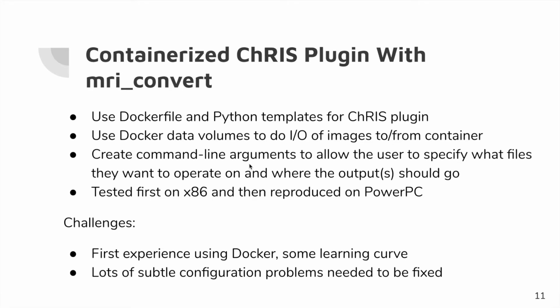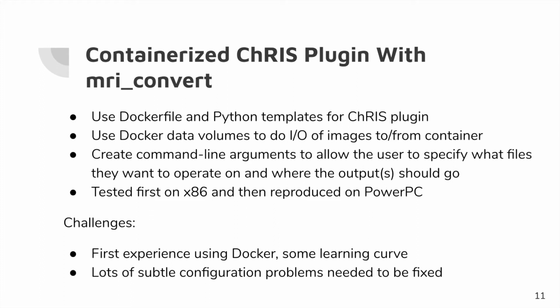Alright, so compiling MRI convert on PowerPC was a prerequisite to creating a containerized Chris plugin with MRI convert. What that entails is we have a Dockerfile which provides instructions for assembling our image. So we define environment variables, we install the necessary Python packages that we need, things like that. And then we also have some Python code that allows us to interact with the Chris system.